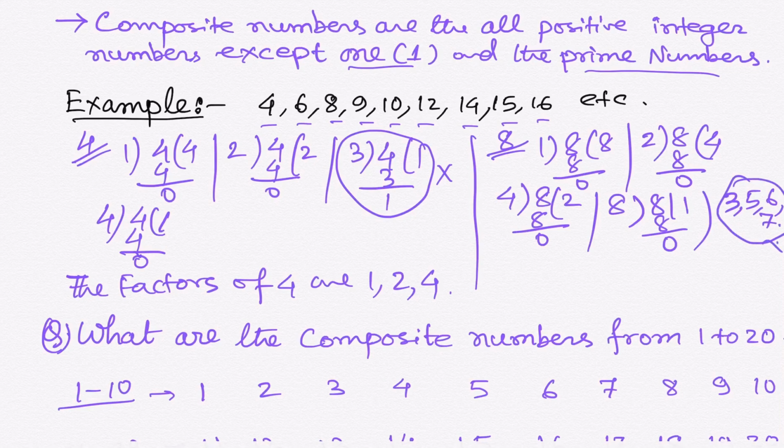So the factors of 8 are 1, 2, 4 and 8. So we see that more than 2 factors are present in composite numbers. In prime numbers only 2 factors are present, and in composite numbers, more than 2 factors are present.